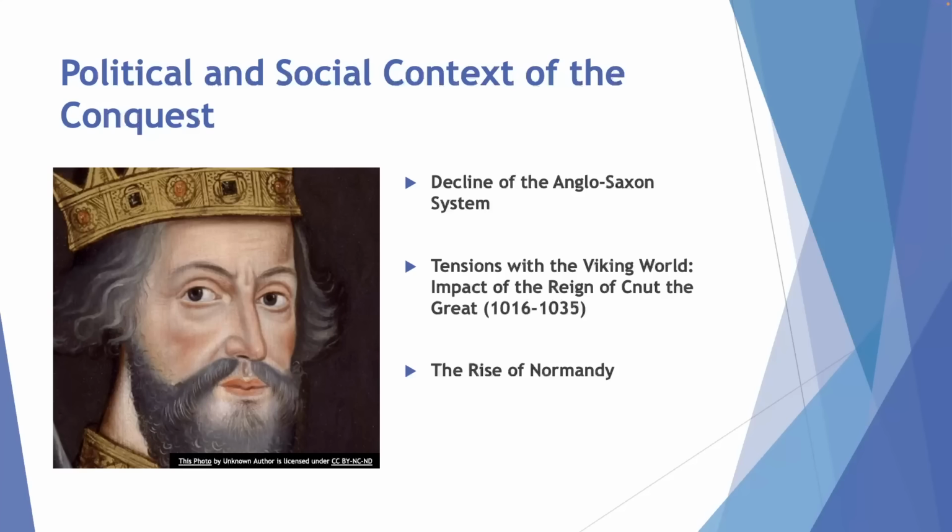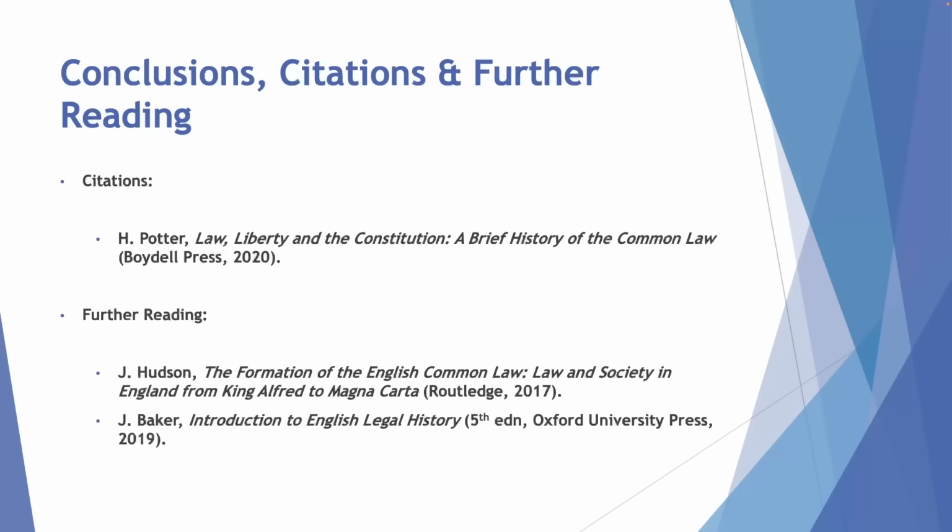And so all of this leads to a complete upholding of the social, political, and important for us, the legal system that we see in the English world. And eventually the complex mixture of dynastic struggles and shifting alliances and competing claims to the English throne would have a very important effect on the way in which society changes and the way in which the legal system would develop in the post-Norman conquest English system.